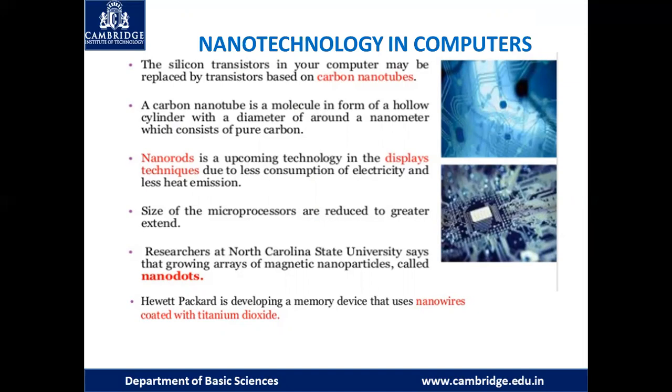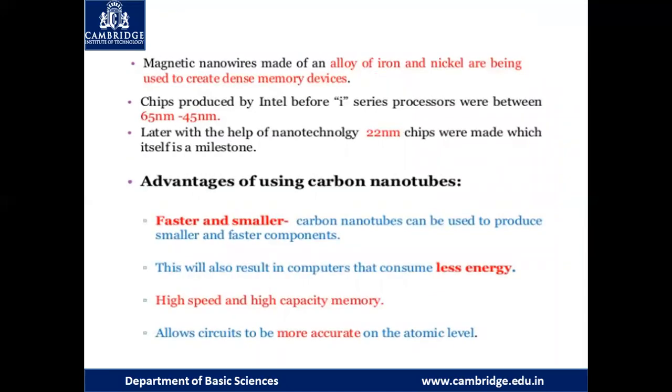The silicon transistors in your computers are being replaced by carbon nanotubes. Due to the use of carbon nanotubes, the size of the microprocessor is reduced to a greater extent. The advantages of using carbon nanotubes are that computers become smaller and faster, and use less energy.